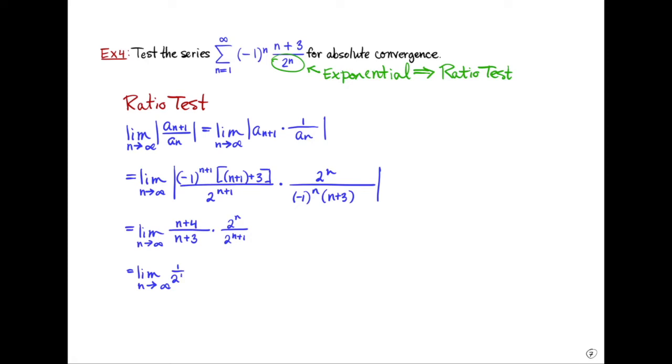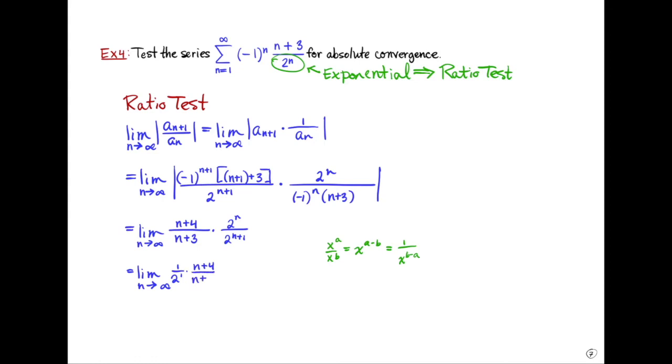Your exponential rule tells us that if you have x to the a over x to the b, that is either x to the a minus b, or you could write that as 1 over x to the b minus a. And you'll use that rule a lot when you're simplifying with the ratio test. And that's going to be times n plus 4 over n plus 3.